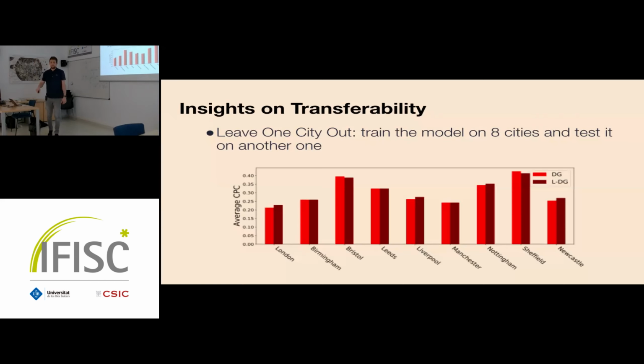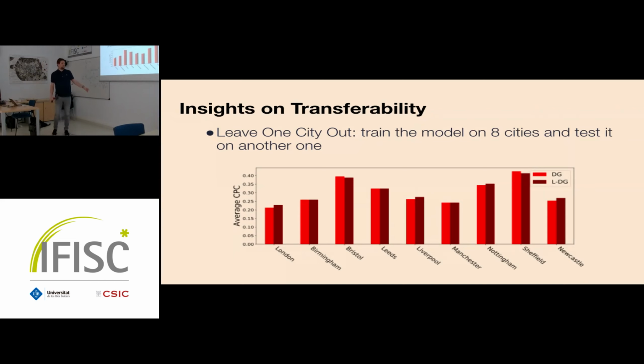And we did it within the UK. So here what you see is the leave-one-city-out experiment that we ran with our model. We took the 8 most important cities in the UK, and we also took London, that was excluded, no idea why.